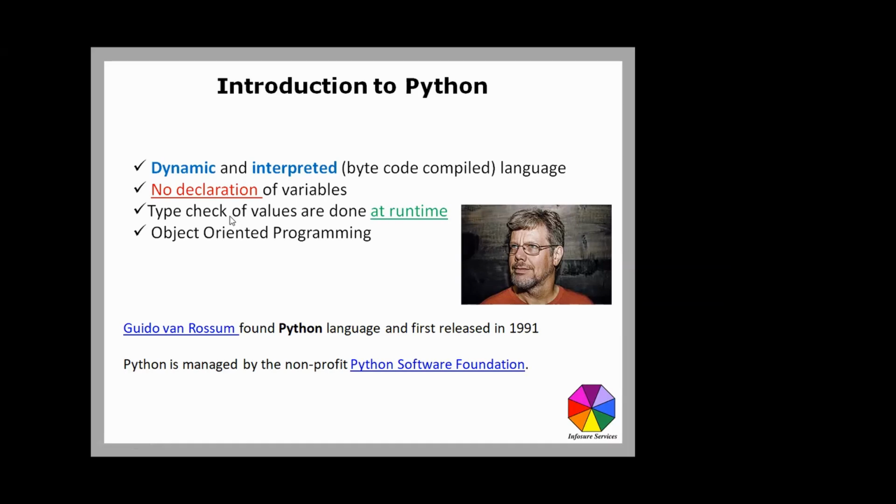No. At runtime only, it will check what is the data type of your variable, whether you stored a boolean, an integer, a float, a number, or a string in it. All this is checked at runtime only, not at compile time. At the time of running, if there is some error in the value, it will show up an error.